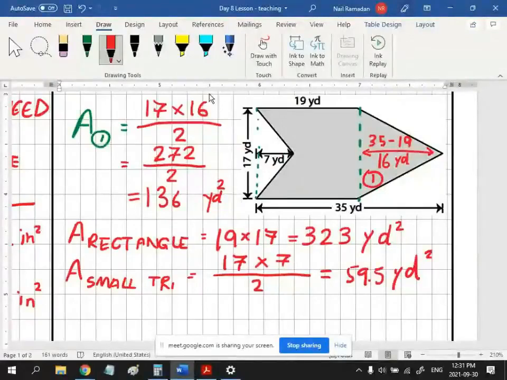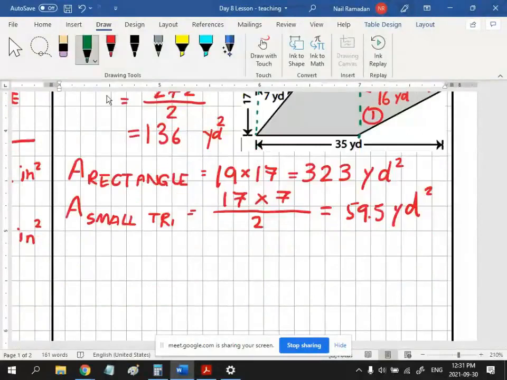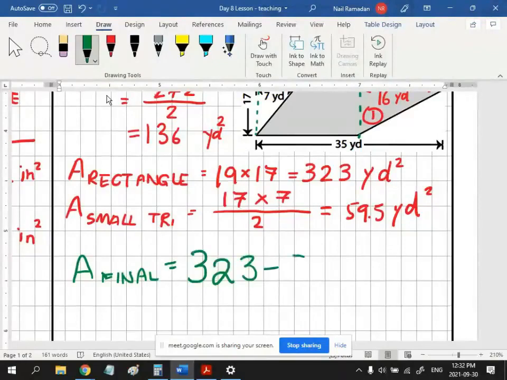Okay, what gets added? What gets taken out? Yes? Okay, so everyone, let's do this. First of all, we're going to take the rectangle, so 323. Now you can add or subtract now. Doesn't matter. Let's subtract. Subtract what? 59 and a half. Yeah, that's the small triangle. Plus the big triangle, which was 136. There we go. So how much do we get?